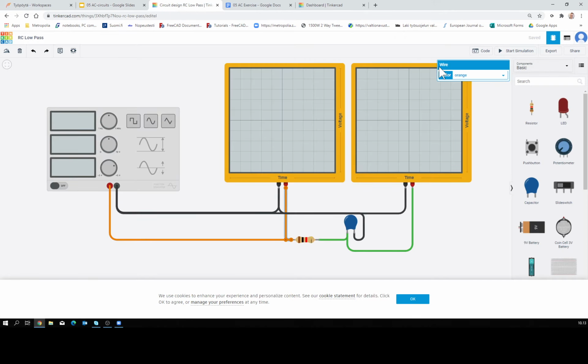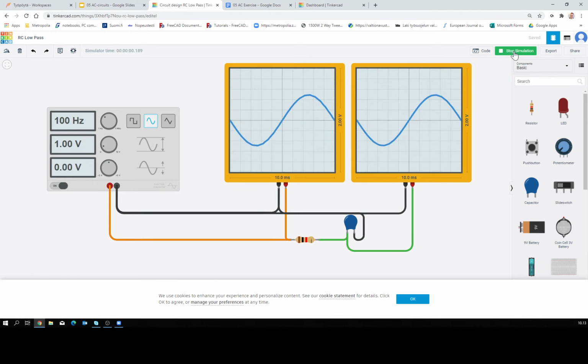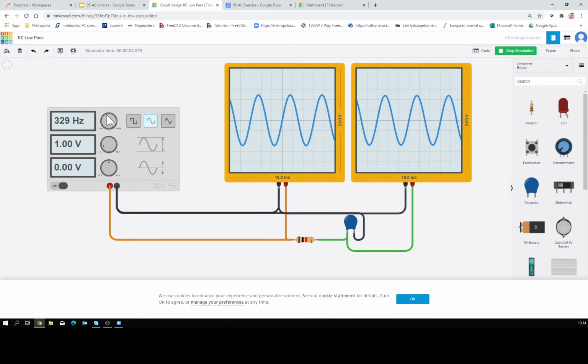Let's see if the simulation works. Yeah. So at 100 Hertz, we have roughly the same signals here on input and output. Let's change this a bit. So at 300, still the same.